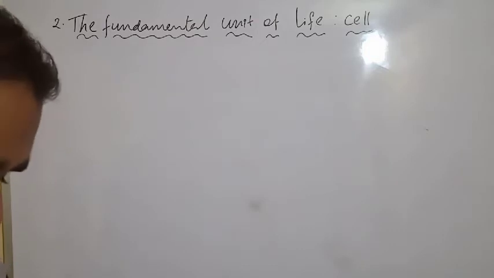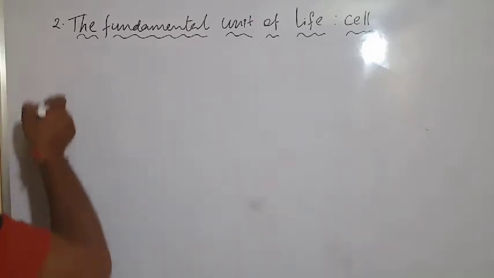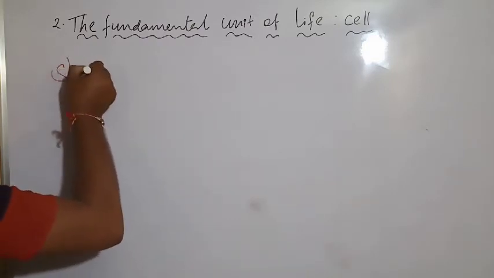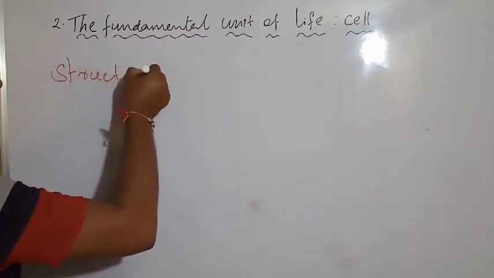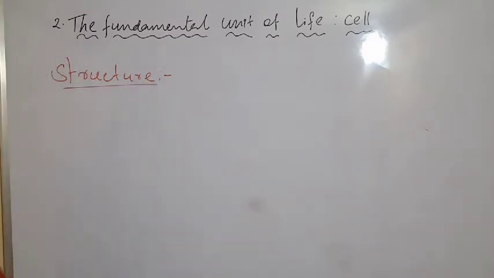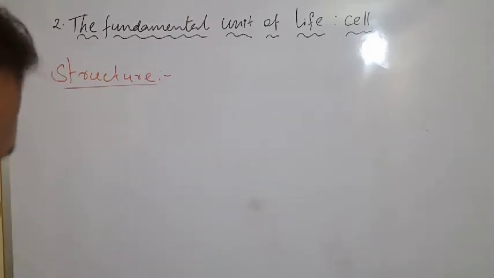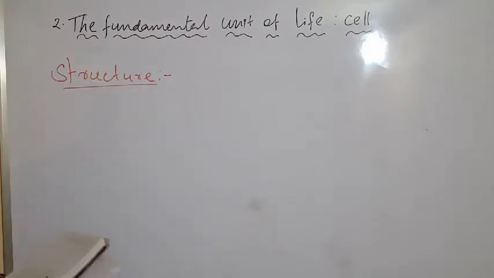See, the centromere is the primary constriction of the chromosomes, and it connects the sister chromatids.